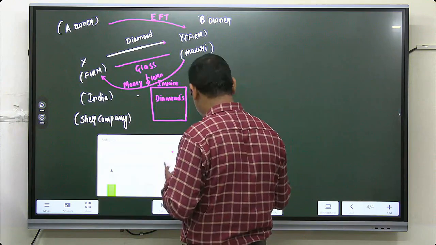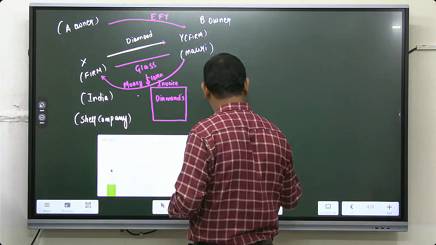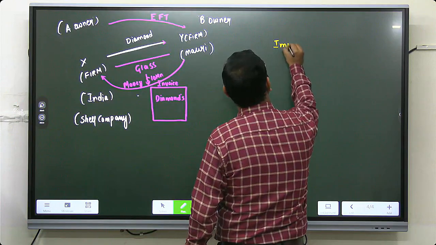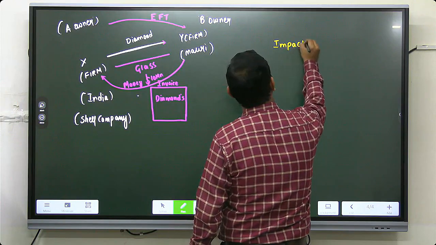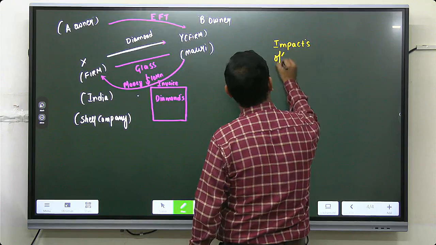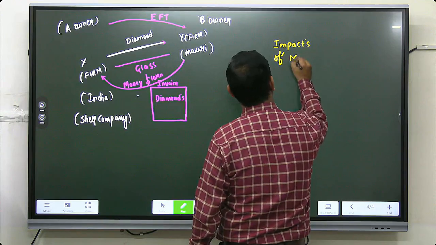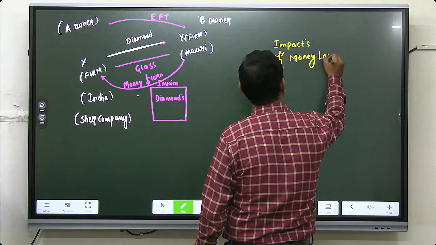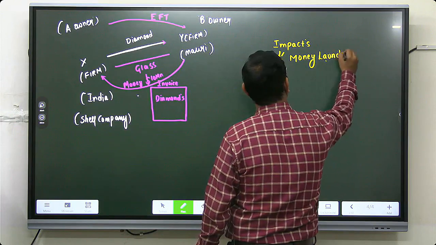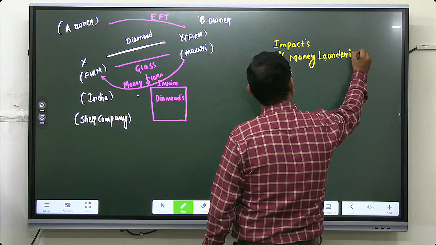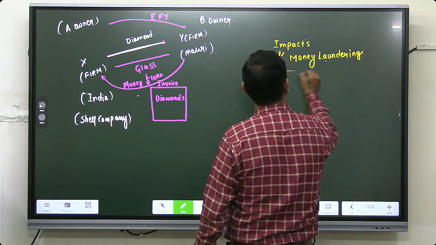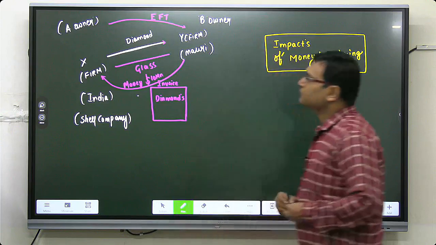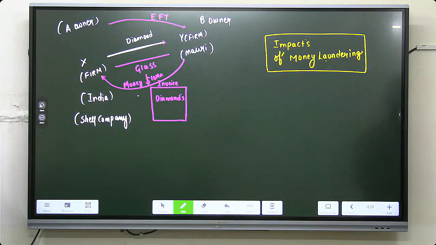Right, done? Now, what are the factors which are leading? What are the impacts? Sorry, not factors, impacts. First, let us see the impacts of money laundering.